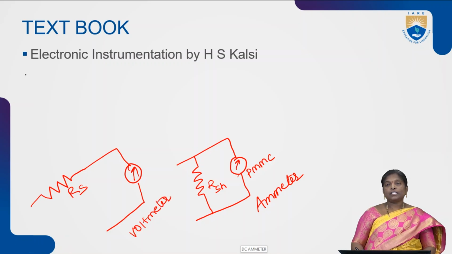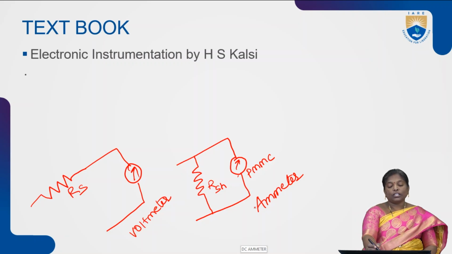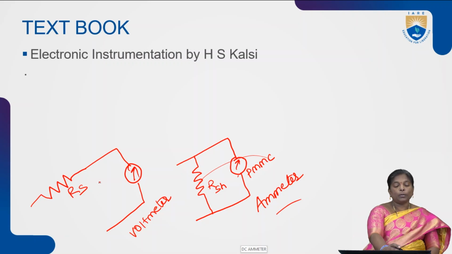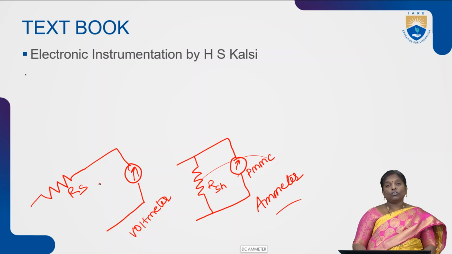If a resistance is connected in parallel with the meter movement, then the circuit will act as an ammeter. Similarly, if the resistance is connected to the PMMC meter movement in series, then the circuit will act as a voltmeter.